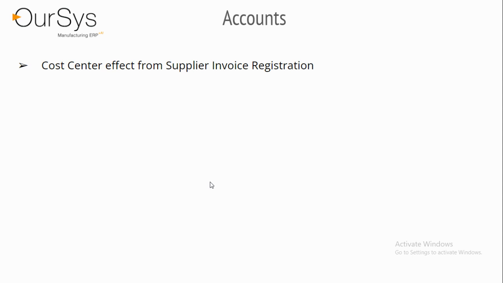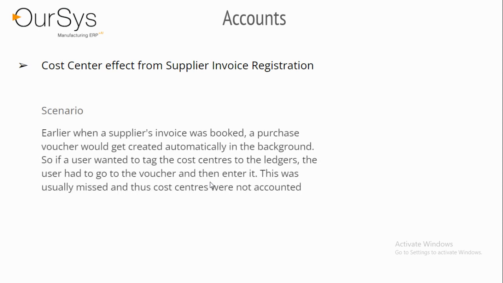Next change we have done is in the cost center. Earlier, when the supplier invoice was booked and the cost center was applicable for that particular purchase voucher, we had to go inside the purchase voucher, balance the cost center manually and save it.